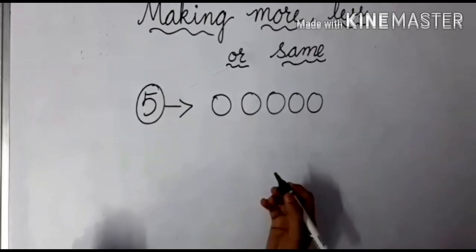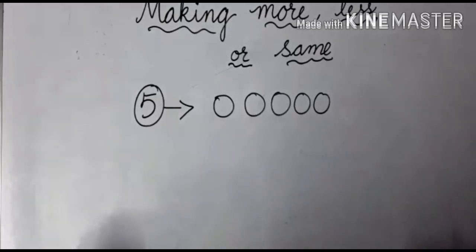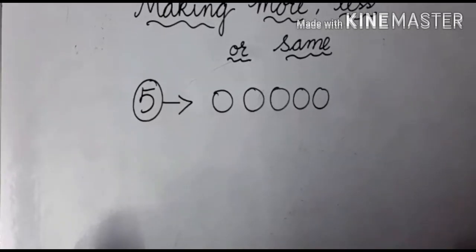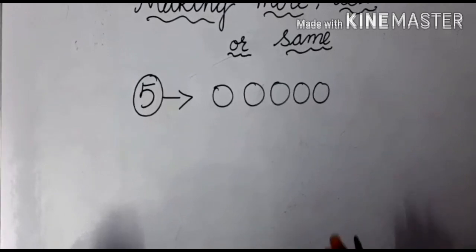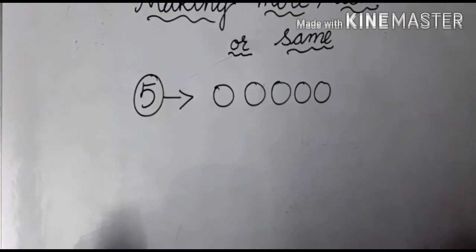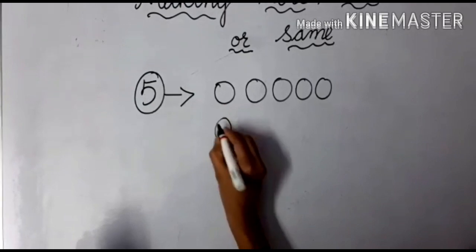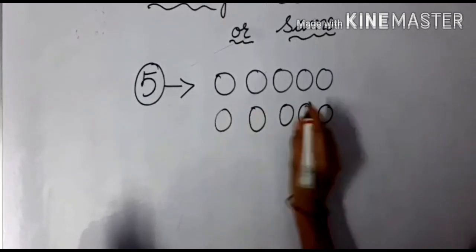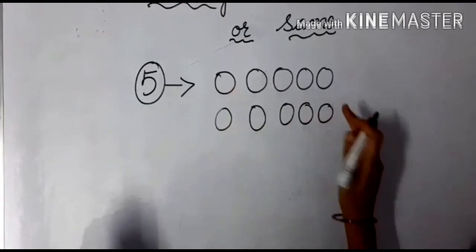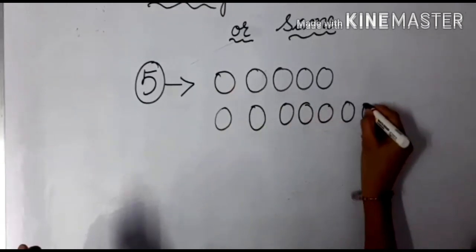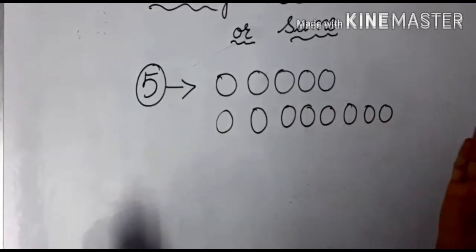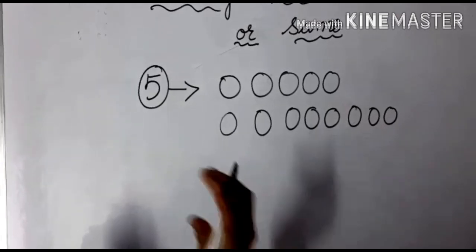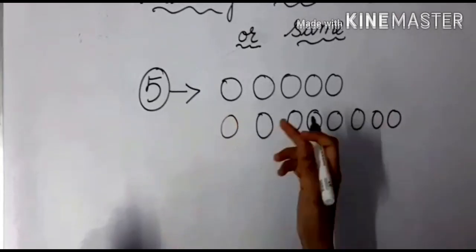More than 5 means it can be 6 or 7 or 8 or 9, any number, children. After 5, whatever numbers are there, that is more than 5. Now let us make more than 5. These are 5, 5, 5, same. Now more than 5. It can be any number after 5. This is making more than 5.